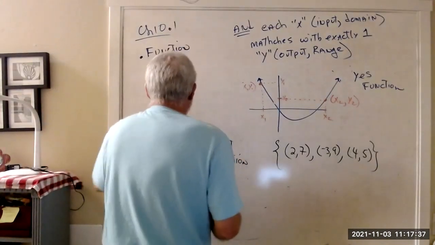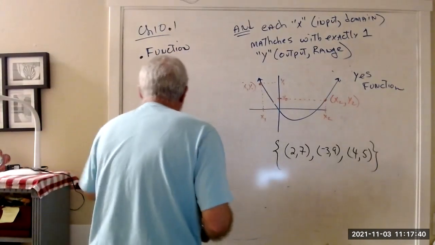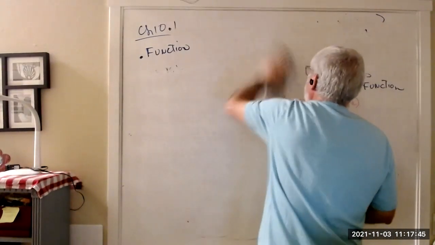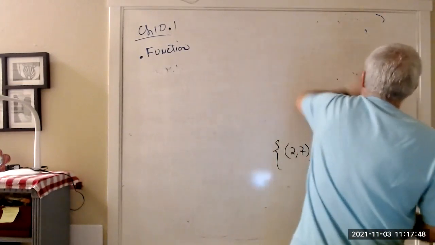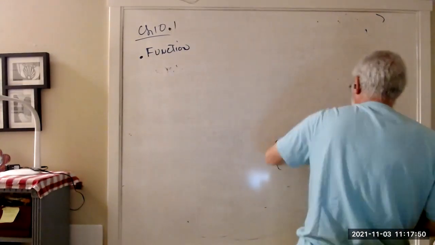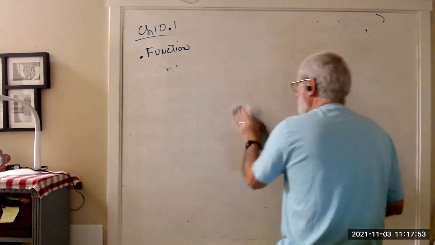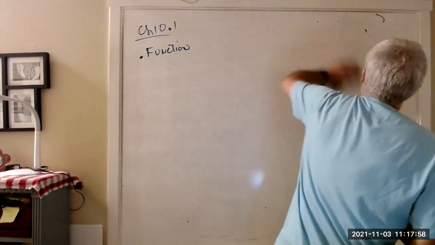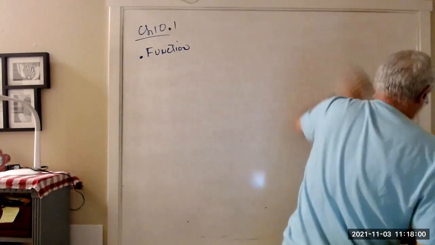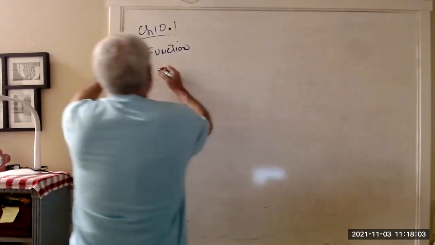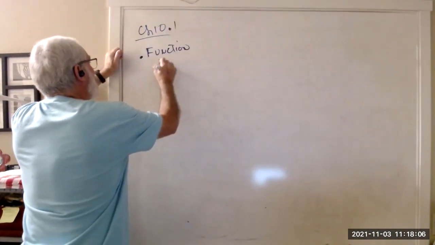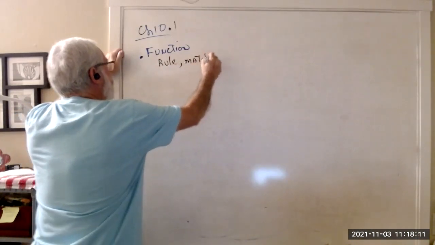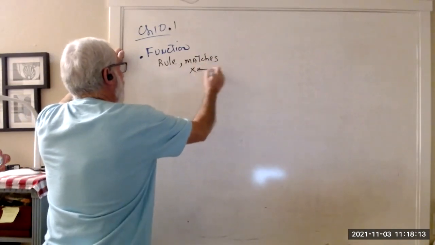The next thing in 10.1 is something called function composition. So a function is a rule that matches X with Y and so on.